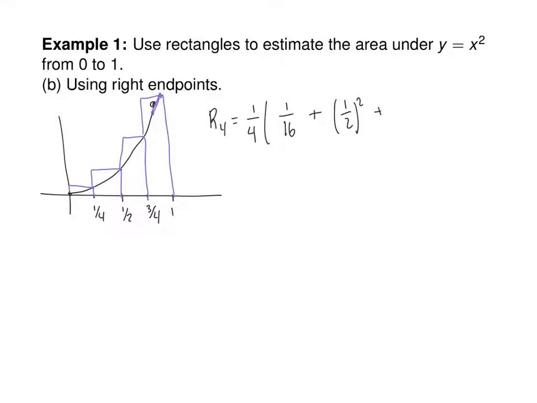The next box's height is 9/16, and the last box's height is 1 squared. So that'll be 1/4 times 1/16, 1/4, 9/16, and 1.